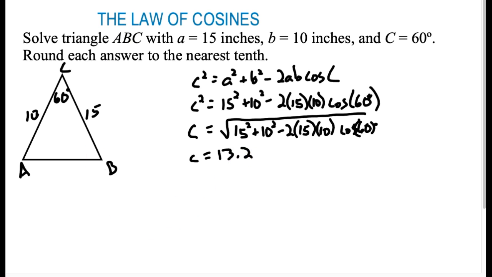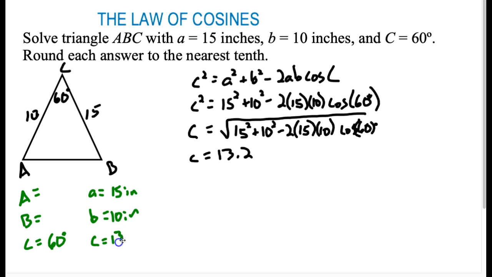Now, again, remember when you're organizing your answer, make sure you're listing everything out like this. So we don't know angles A or B yet, but now we know all three sides. a is 15 inches, b is 10 inches, and c is 13.2 inches.